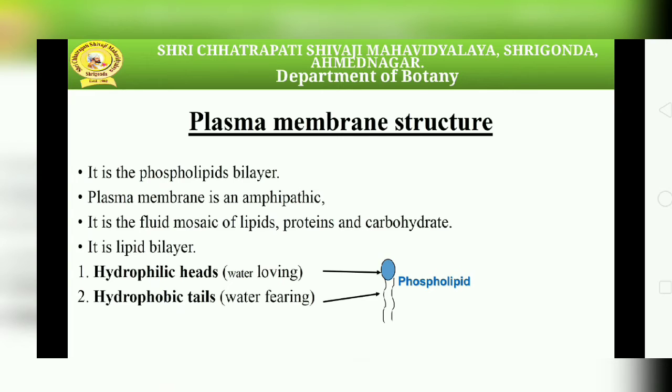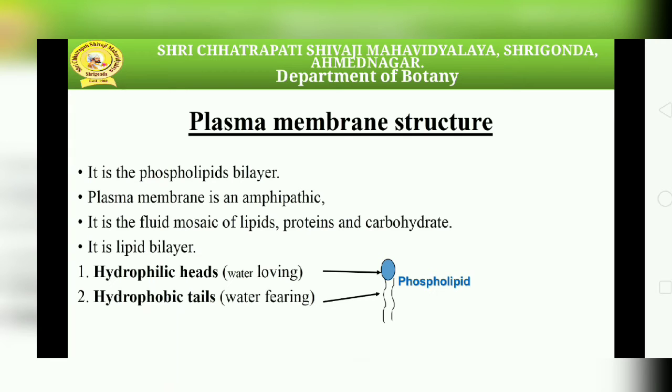So it is a phospholipid bilayer. The plasma membrane is amphipathic, which contains both hydrophilic heads and hydrophobic tails. It is a fluid mosaic of lipids, proteins and carbohydrates, all together it is formed. The lipid bilayer is embedded with protein and contains two layers of phospholipid.